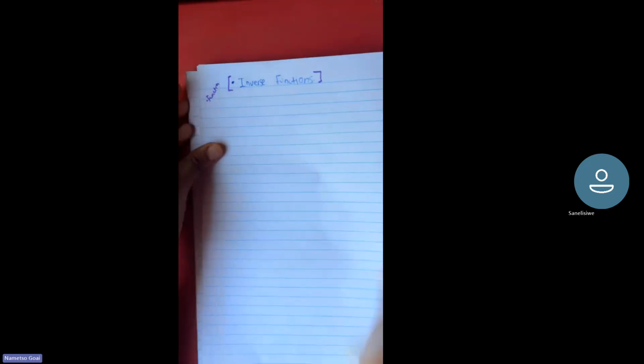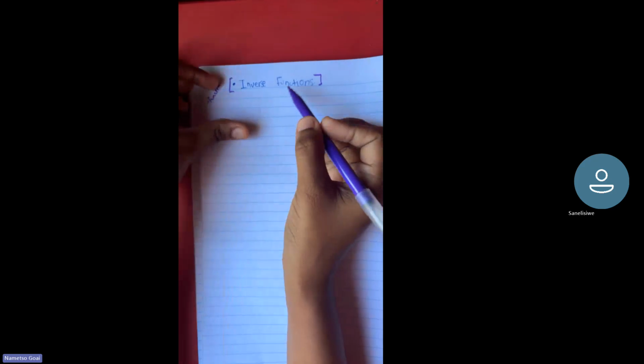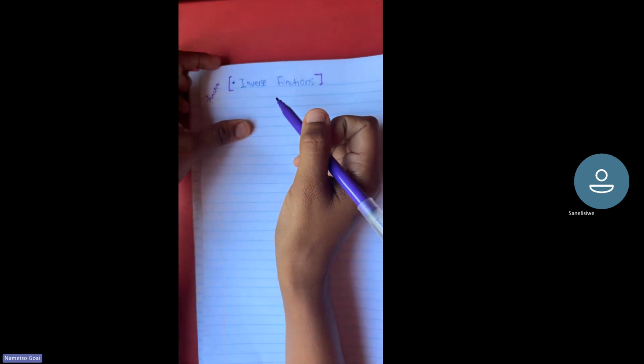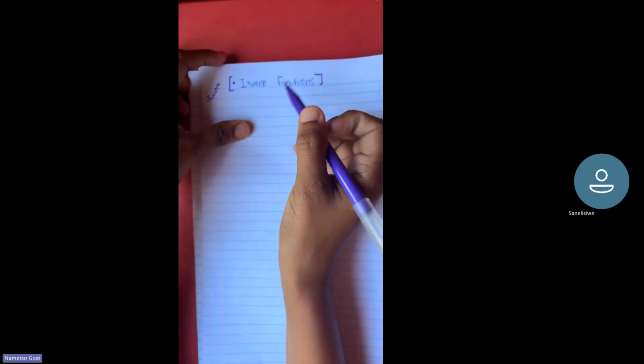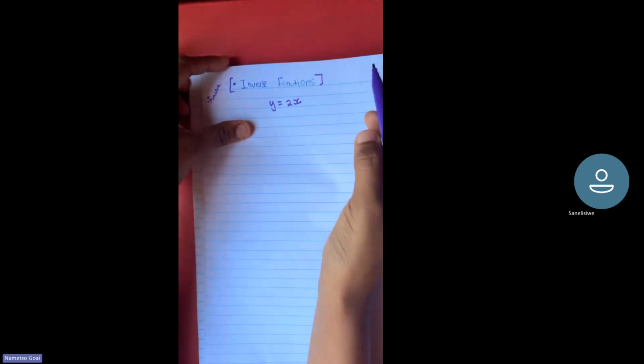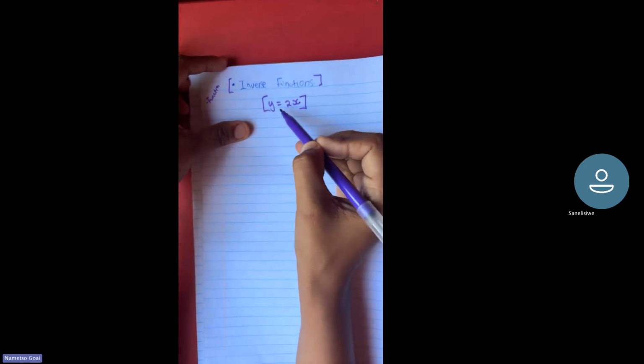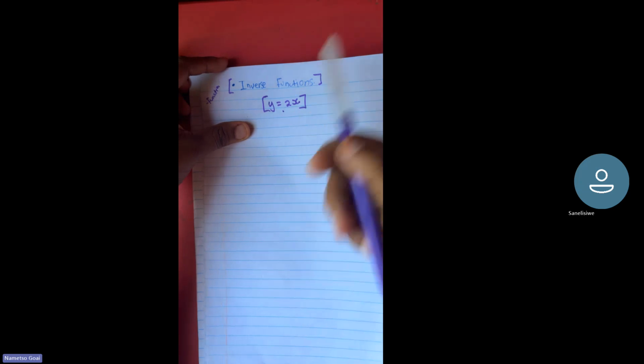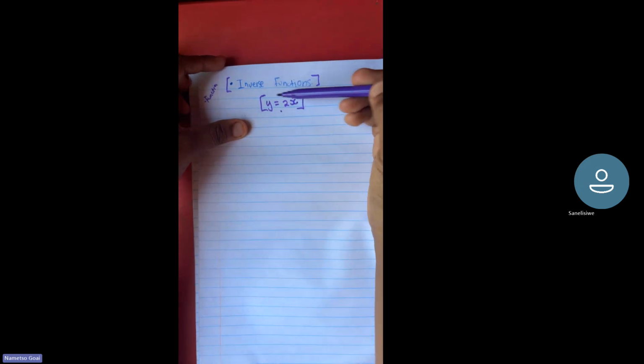Yes. Okay, great. So we are going to be doing inverse of a function. What they mean by inverse of a function is that if you have a function, let's say y equals 2x, when you want to find the inverse, you're going to swap the position of the x and the y.